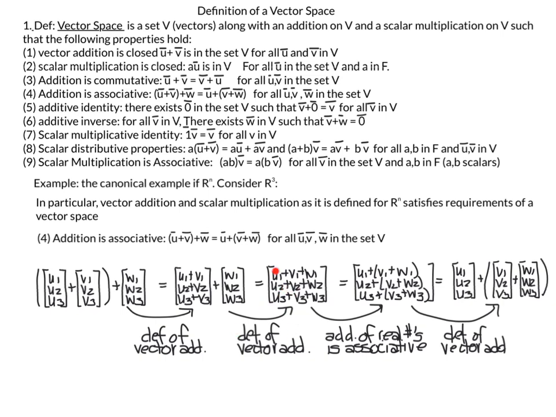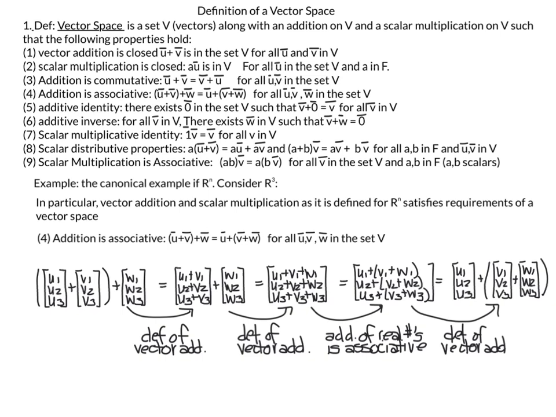But now u1, v1, w1 are just real numbers, and real numbers are associative. So I can add these two numbers first. So u1 plus v1 plus w1 is equal to u1 plus the parentheses v1 plus w1. Similarly, we do that for the second and third coordinates. We can do this because the addition of real numbers is associative.